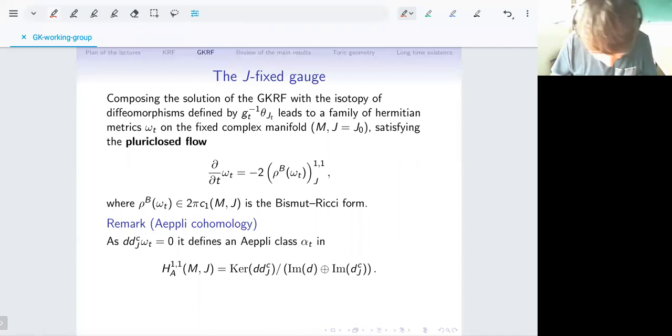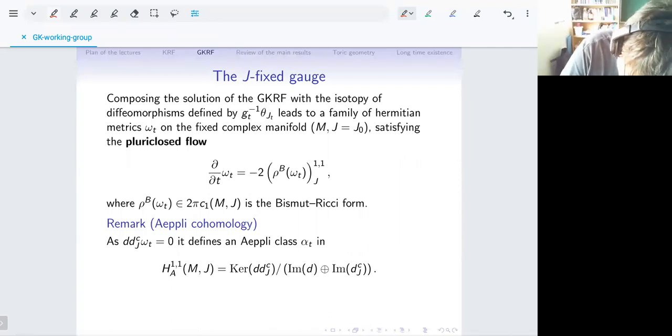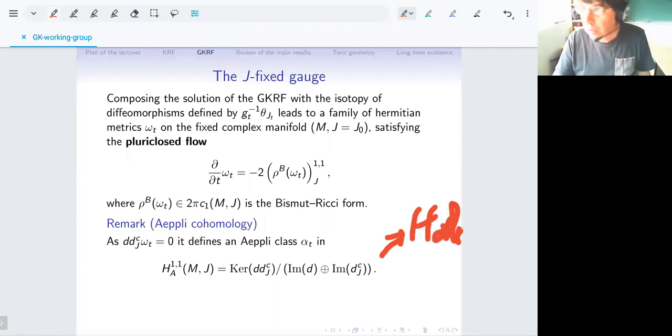That's not good. But this space is finite dimensional. It's Hodge theory about that.